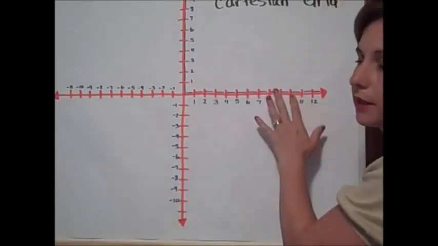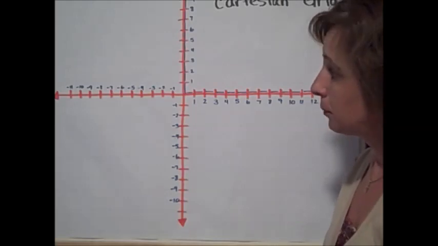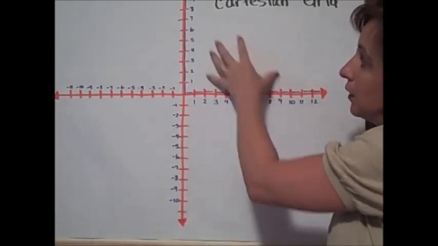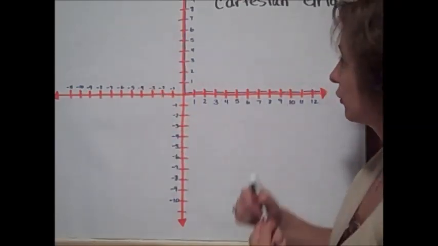A Cartesian grid, sometimes called a coordinate plane. The points that we plotted on our last screen would show up in this quadrant. There are 4 parts. They are called quadrants.